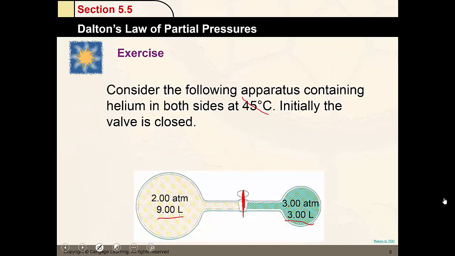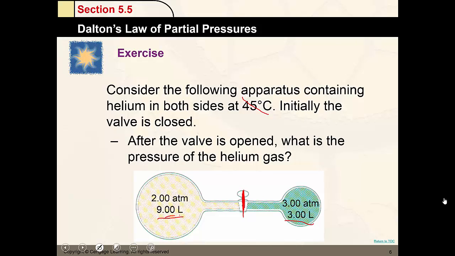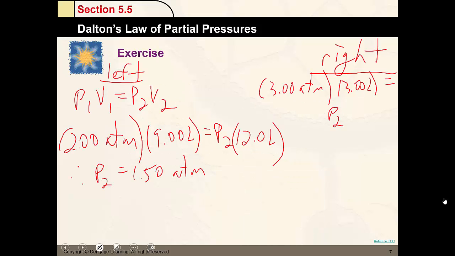It's still the total additive volume, 9 plus 3. So V2, still for this side, is 12 liters. So that means, as a result, for the right side, our final pressure, when we calculate that out, is 0.75 atmospheres. So now we have the partial pressure of each side.